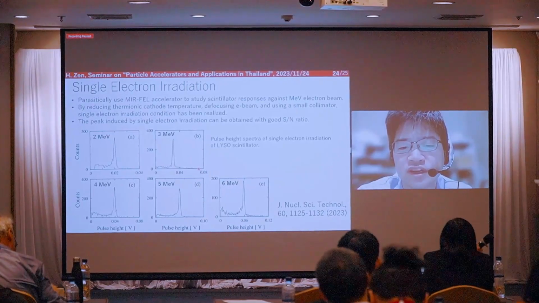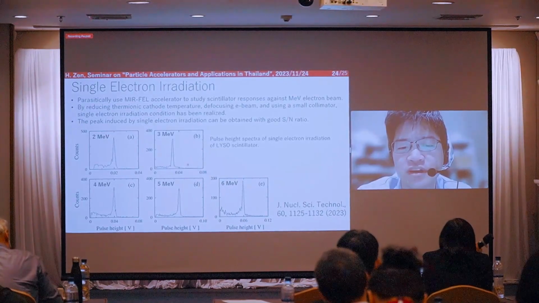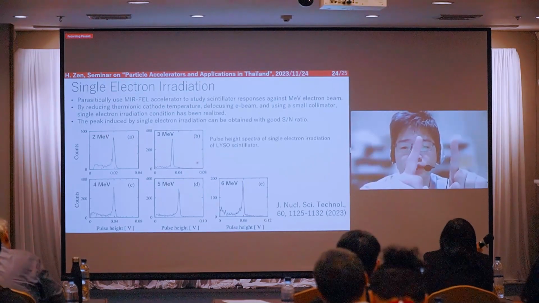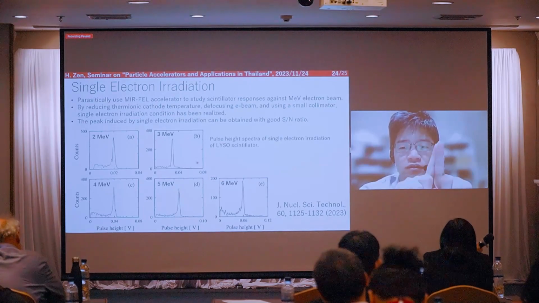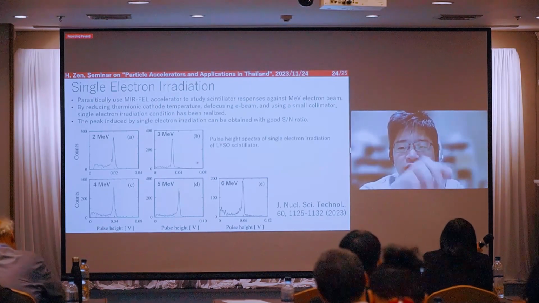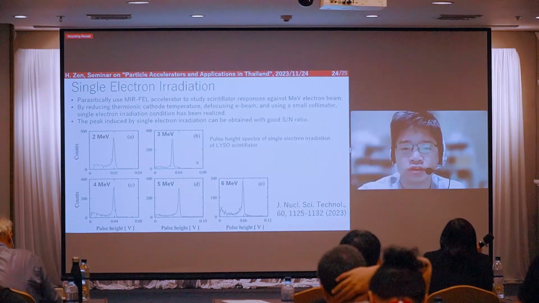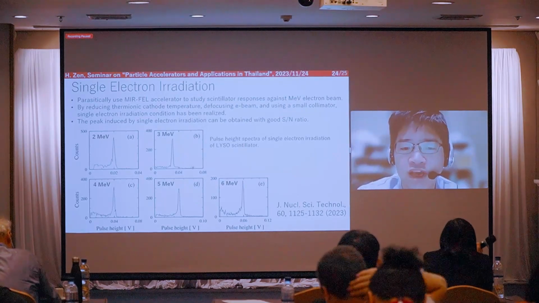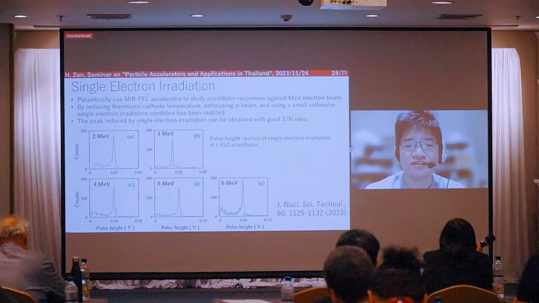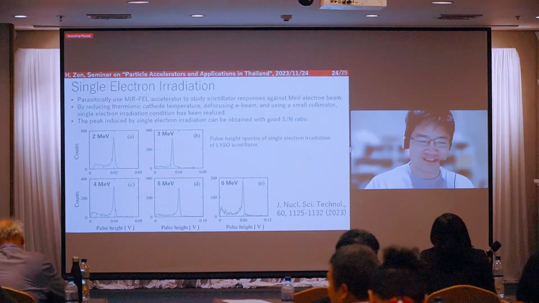We can also have a two particle peak at double the height, due to two electrons injected simultaneously, so the scintillation light yield is doubled. This phenomenon only happens when the single electron condition is realized. That's why we say this is a single electron.